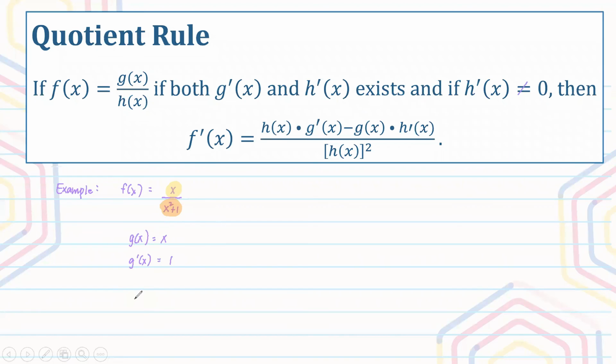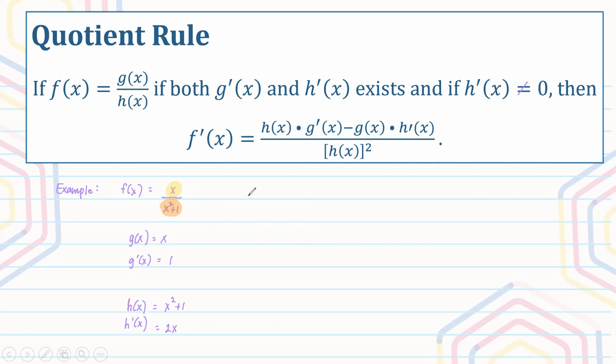So h prime of x is just equal to the derivative of x squared, that is 2x, plus the derivative of 1 is 0. So we have now h prime of x is equal to 2x.